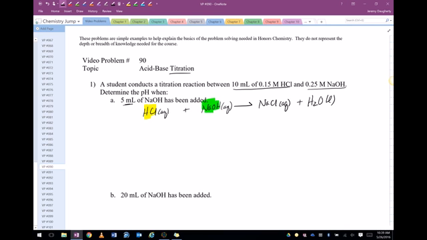So what I'm going to do is figure out how many moles I start out with, how many moles I use, and how many moles I end with. So what I like to say is I'm just going to SU it. Now the starting moles is going to be the molarity times the milliliters for both of these.